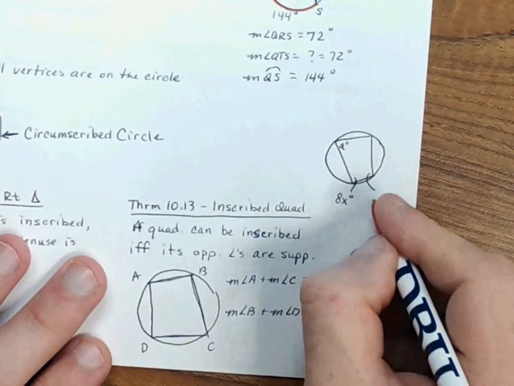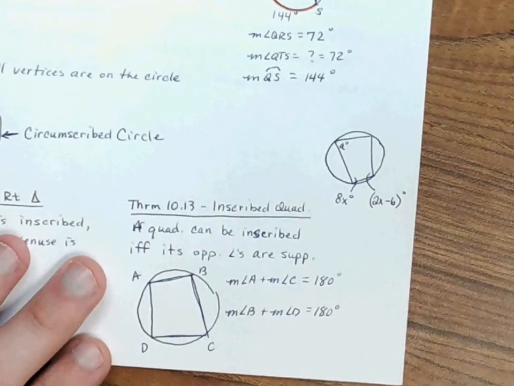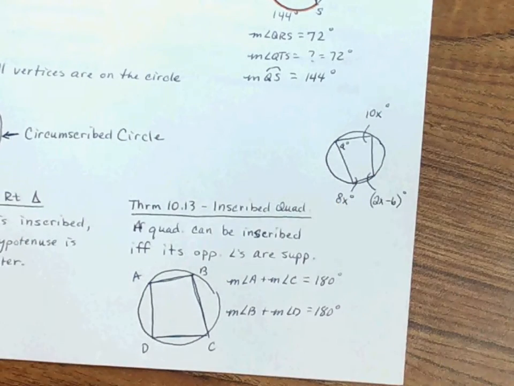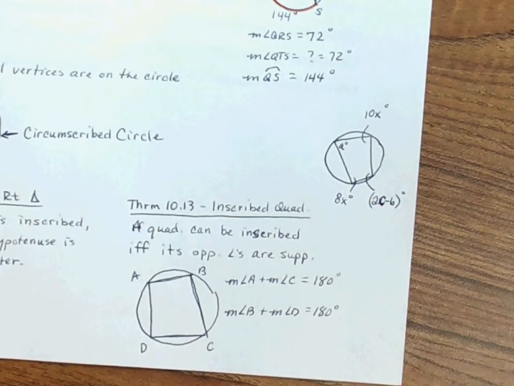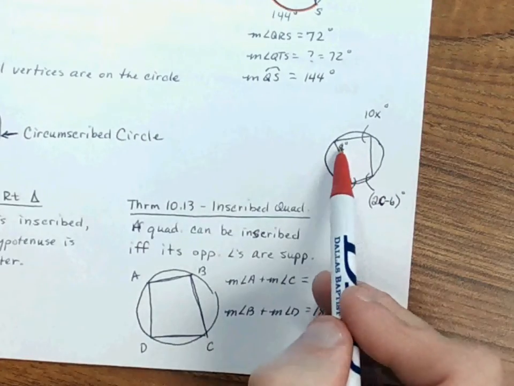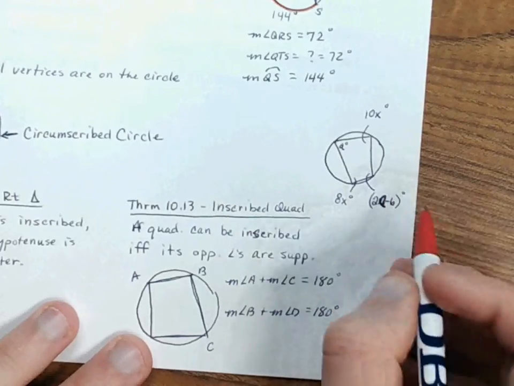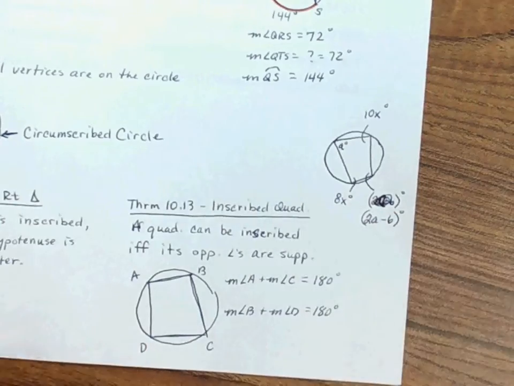This angle is going to be 2a minus 6. This angle is going to be 10x. Alright? Sorry, I wrote this as 2x, but it's 2a minus 6. Let me rewrite this. 2a minus 6. There we go.